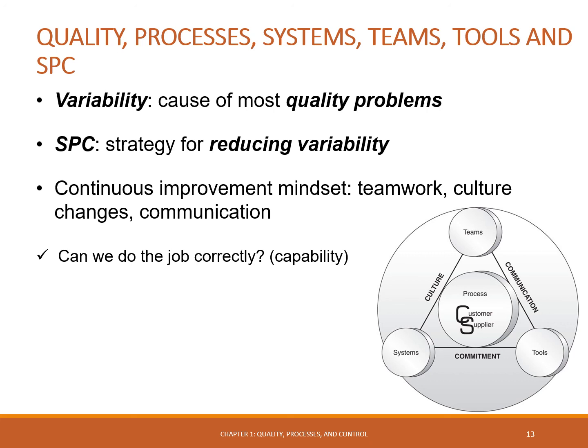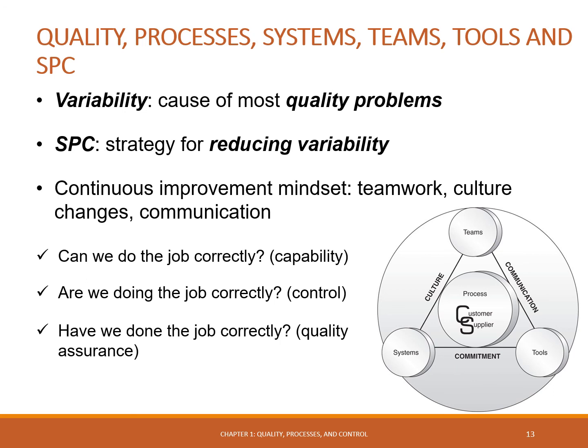And this has to do with the definition of the process capability. After we start off the process, we should ask ourselves if we are doing the job correctly, which is associated with the process control. Next, in order to verify the quality of the finished product or service, we should ask ourselves if we have done the job correctly.